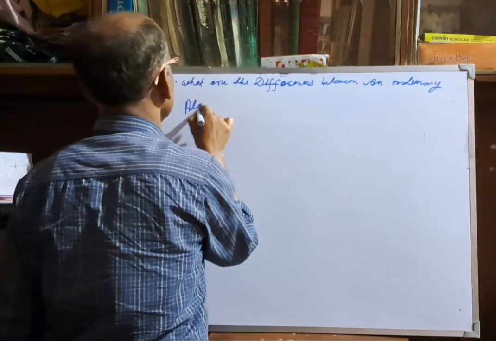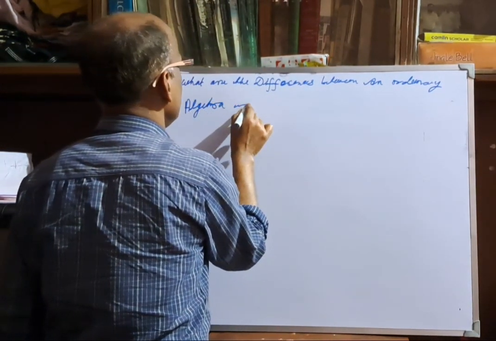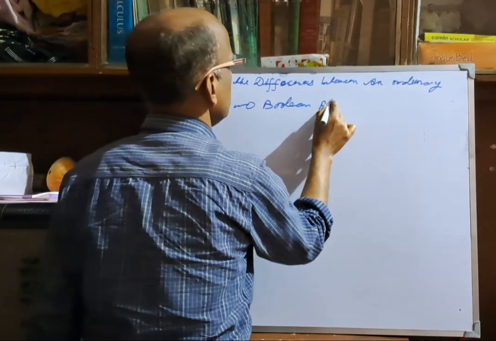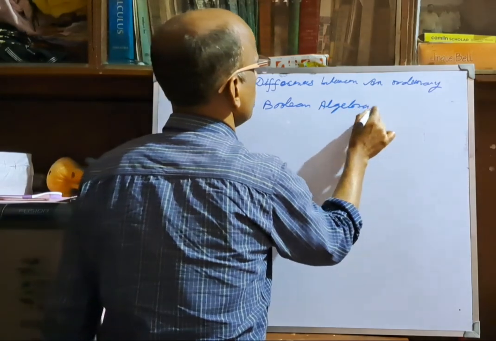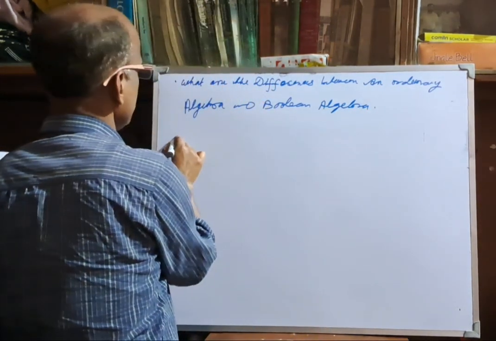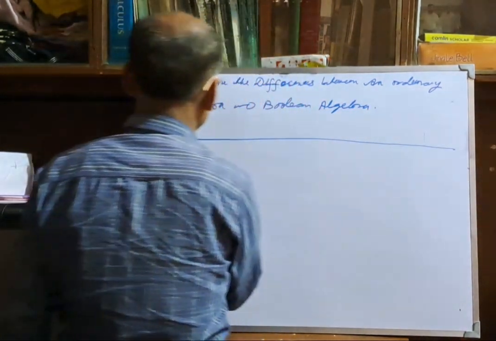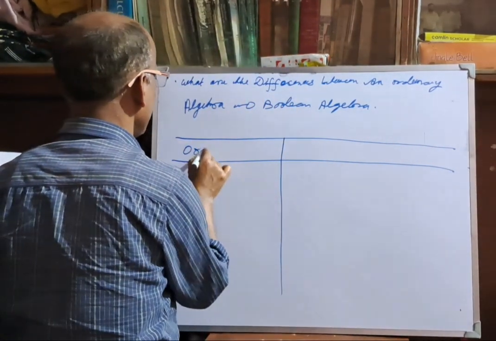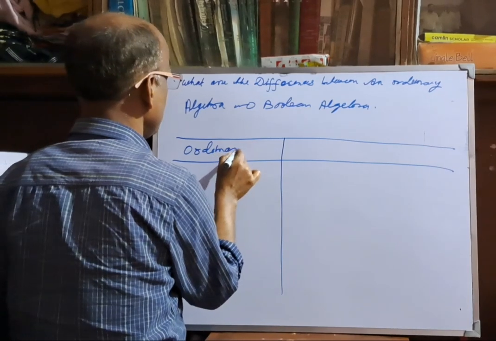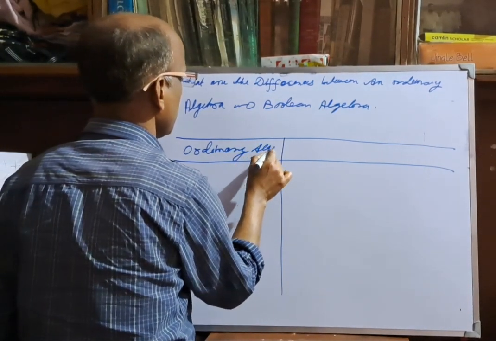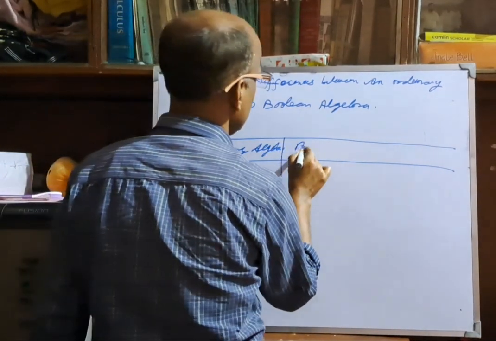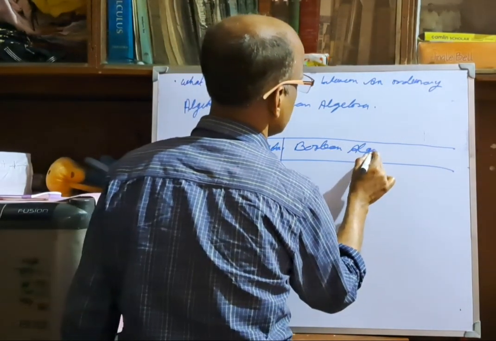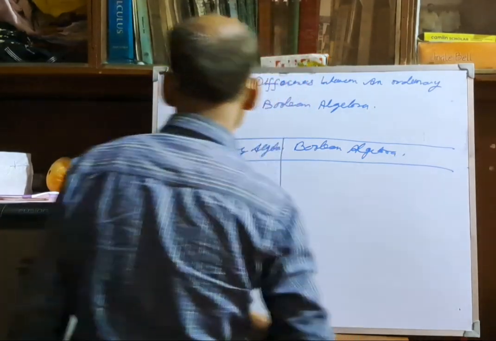I'm just defining ordinary algebra briefly here, and this is Boolean algebra.